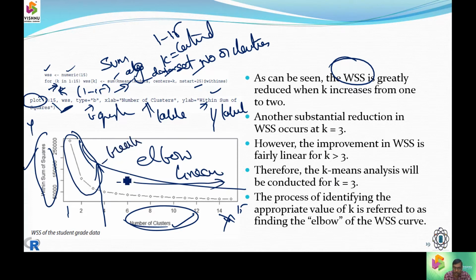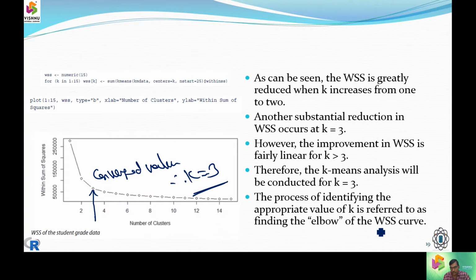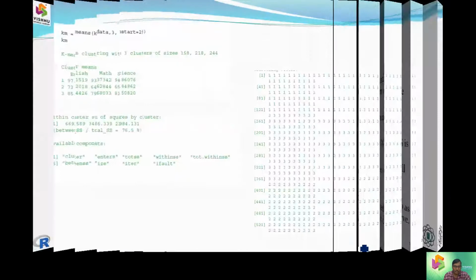That break is what we call the converged or optimal value. So we pick up the third value at this point. So this is the converged value. Therefore k is equal to 3. That is what we are going to pass with the WSS curve.